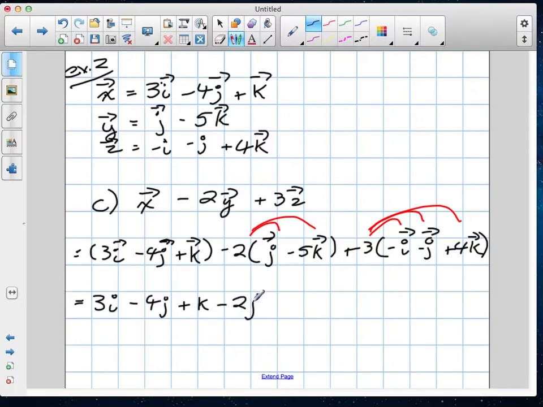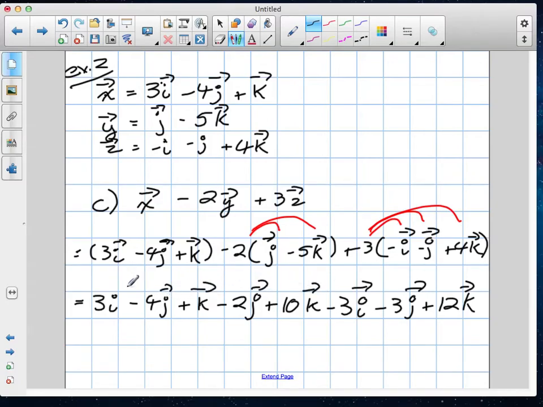Minus 2j plus 10k plus, sorry, not plus, 3 times negative 1, negative 3i, negative 3j, plus 12k. And they're all vectors. So we're going to collect our like terms after. Put all our i's together. There are only 2 of them. There are 3 j's and there are 3 k's.